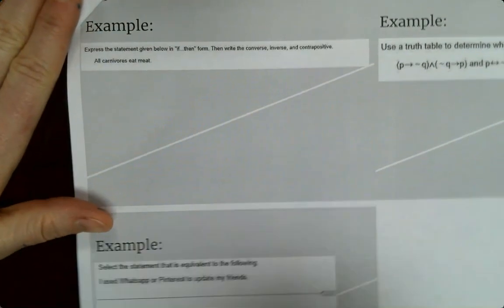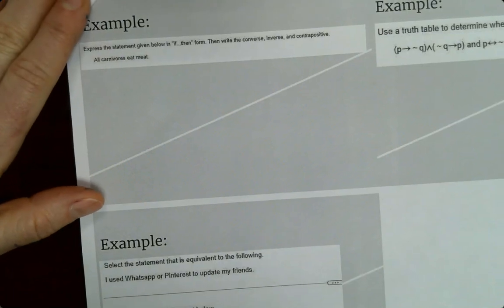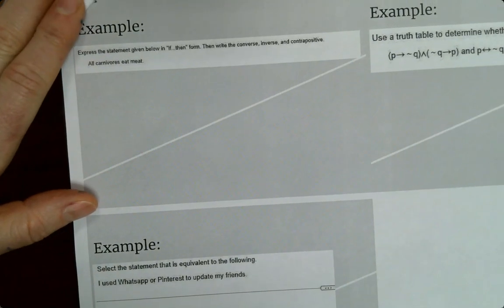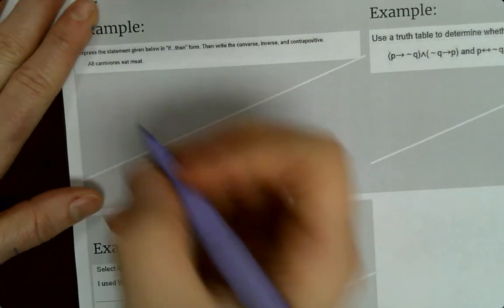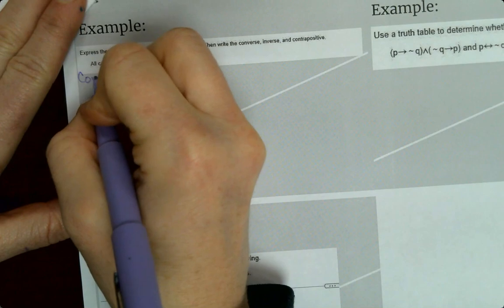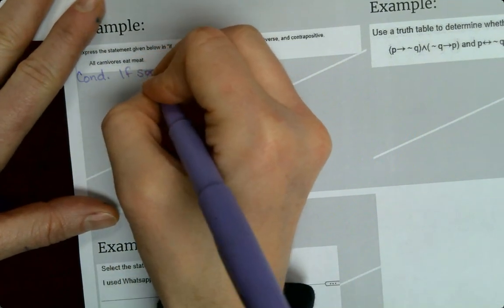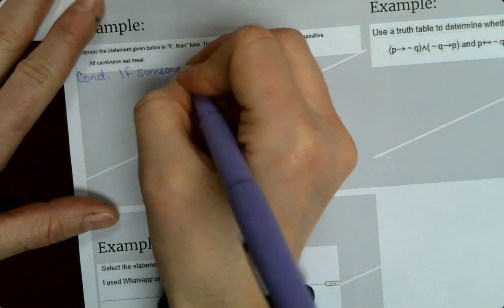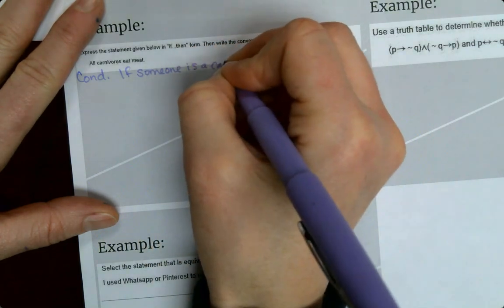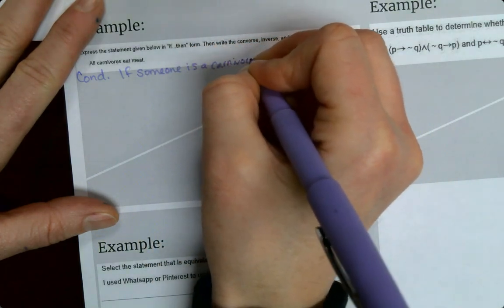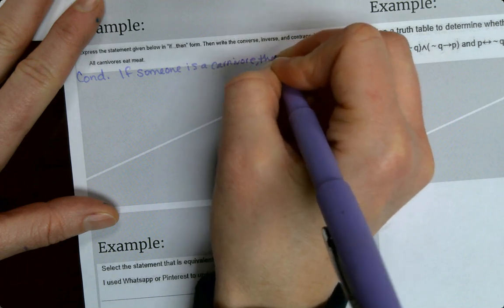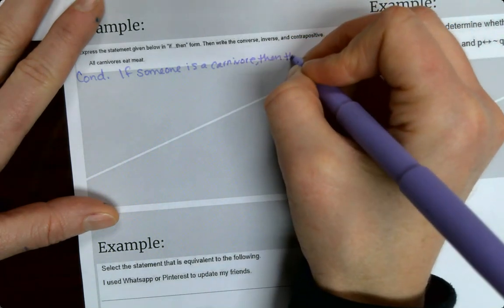Our last page. Express the statement below in if-then form. Then write the converse, inverse, contrapositive. All carnivores eat meat. So our conditional: if someone is a carnivore, then they eat meat.